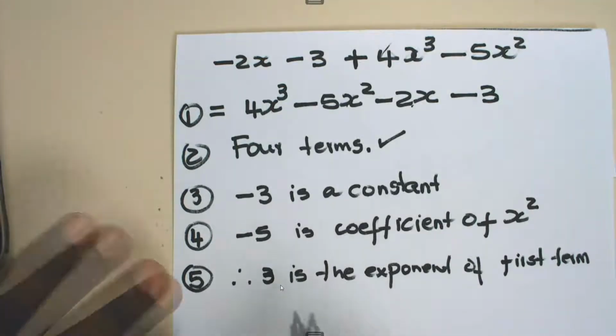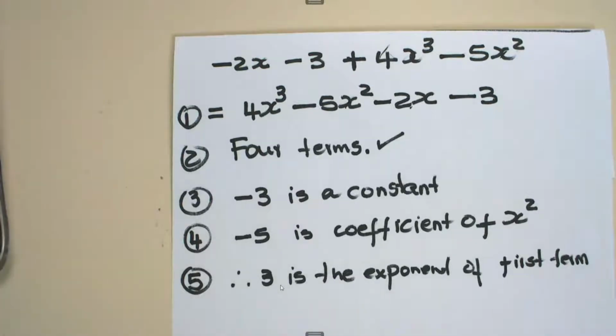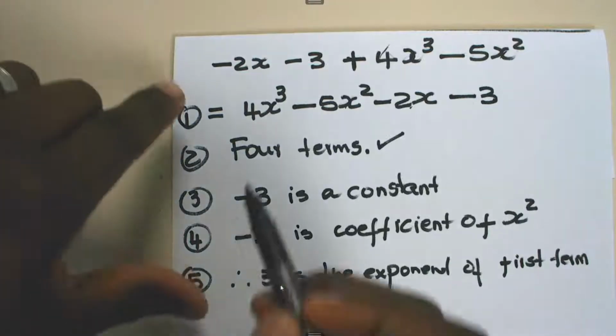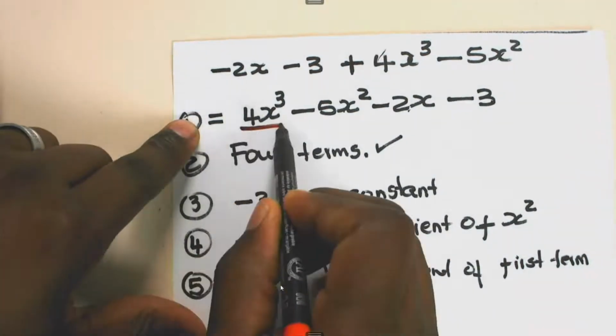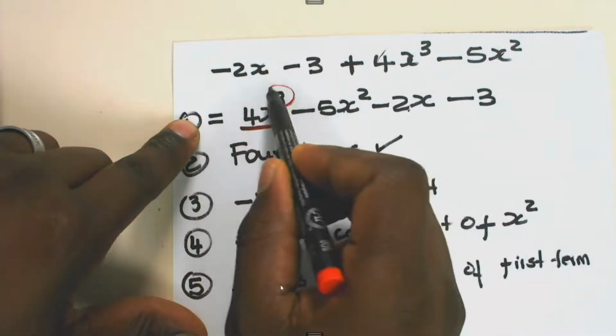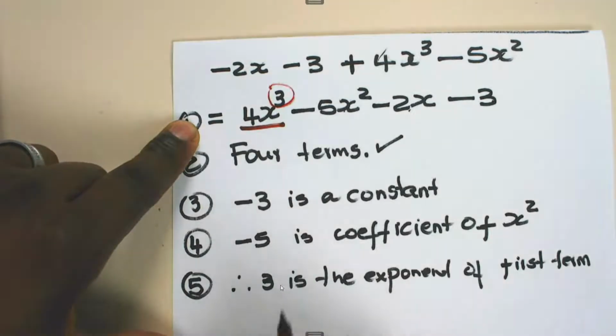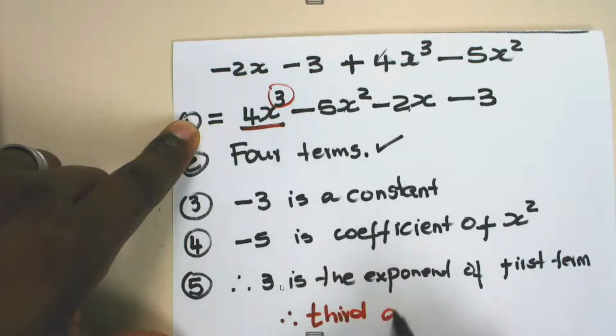So can you see, if we actually say the exponent of the first term? Can you check the first term in this case? The first term is the one which is having the highest degree. And therefore, if it is having the highest degree, you can actually say this is a third degree polynomial.